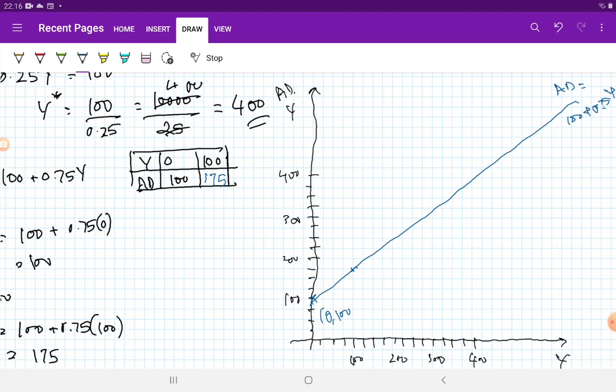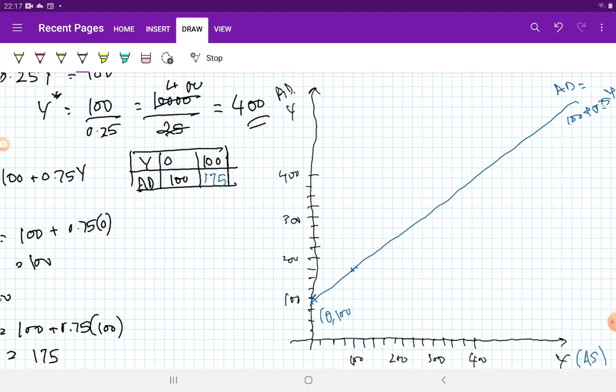Now, do you remember what the aggregate supply curve looked like? It was a 45-degree line from the origin. A 45-degree line is such that, remember, I'm taking national income or aggregate supply on the x-axis and aggregate demand or national output on the y-axis.